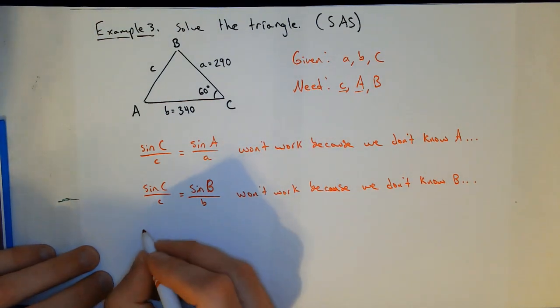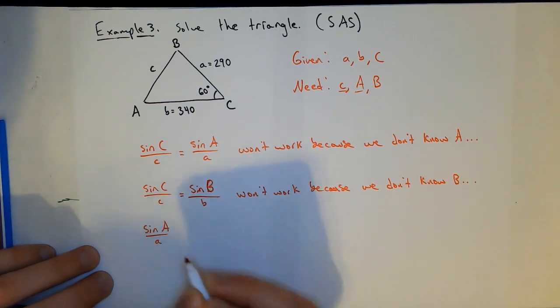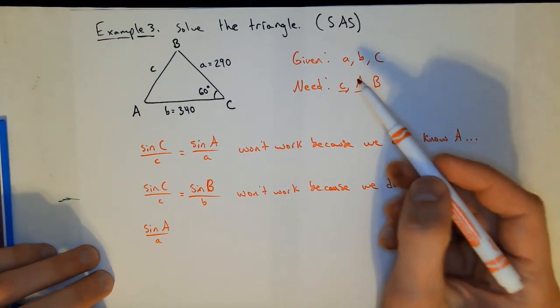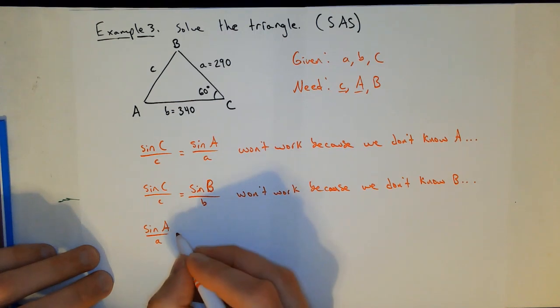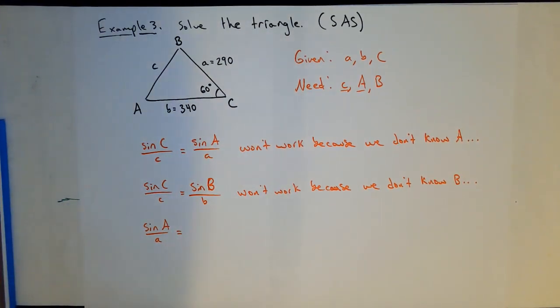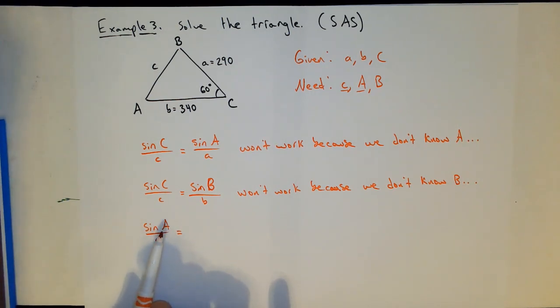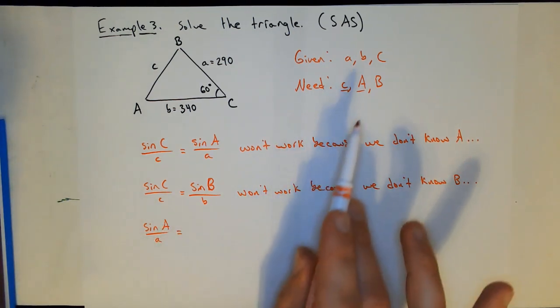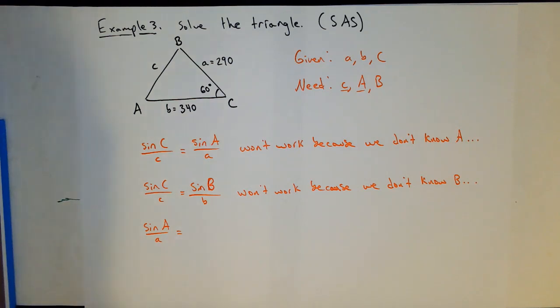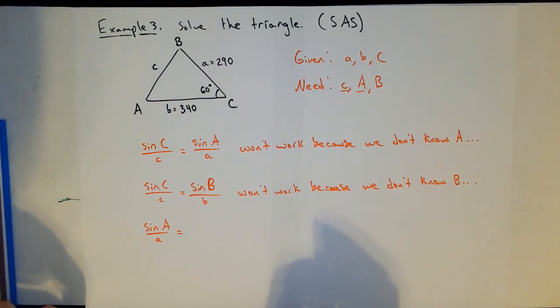Let's see if we can get A. So sine of capital A over little a, that's no problem so far because I know little a. Now on the other side I want to introduce no other missing values, because I've already introduced my missing value that I want to solve for, which is capital A. But in any case, I'm going to end up with another missing value here. You see why?